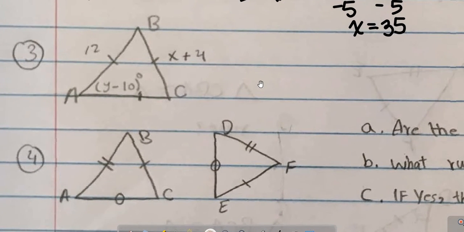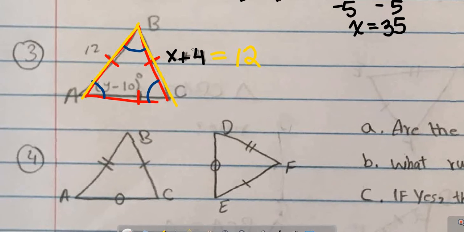Number 3. Look very carefully. What I'm seeing is 3 equal sides. If you have 3 equal sides, you have 3 equal angles. So first thing I notice, if this side is 12, this must also be 12. So x plus 4 equals 12. Minus 4 both sides, and x equals 8.